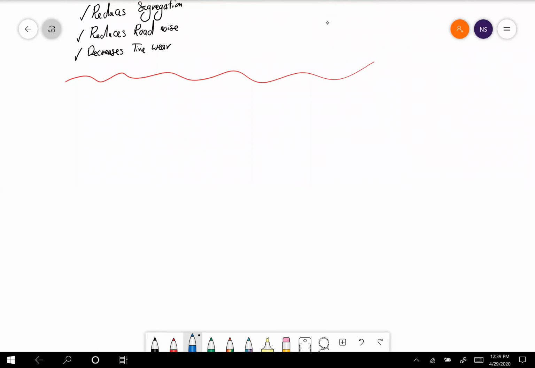So that's called percent crushed fragments in gravels.